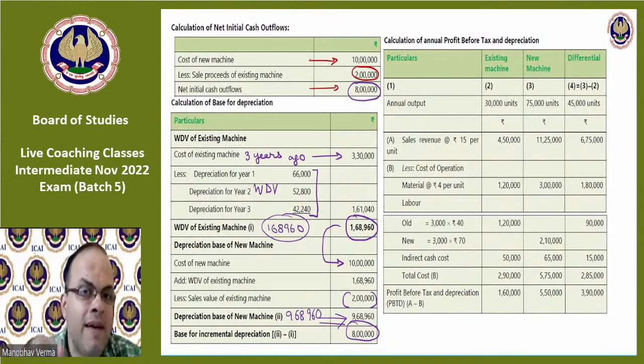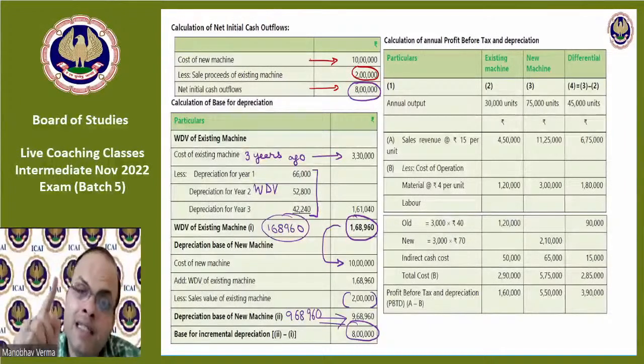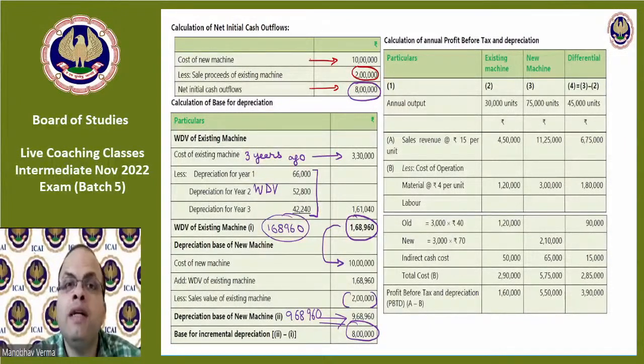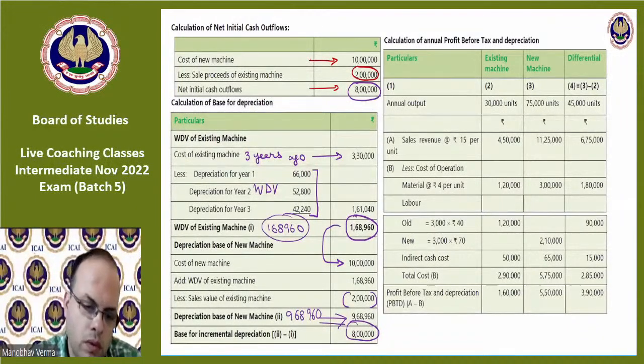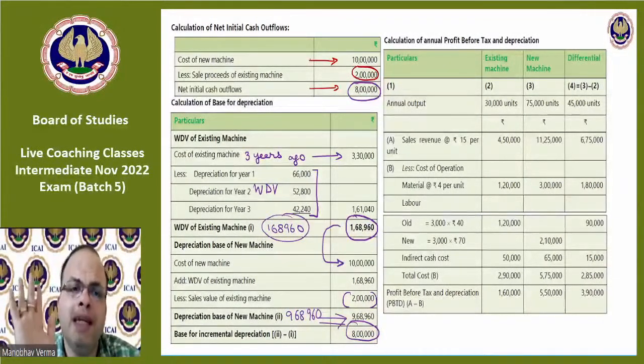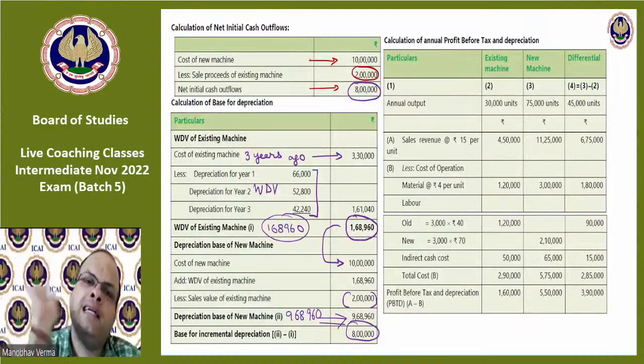So guys, is everyone clear that the 8 lakh initial investment is actually the additional amount that will be added to the block? Yes or no? Because 10 lakh will be added, 2 lakh will be reduced. So your additional depreciation will be only on 8 lakhs, guys. Yes or no? I just want a confirmation that additional depreciation will be on 8 lakhs. That's it.